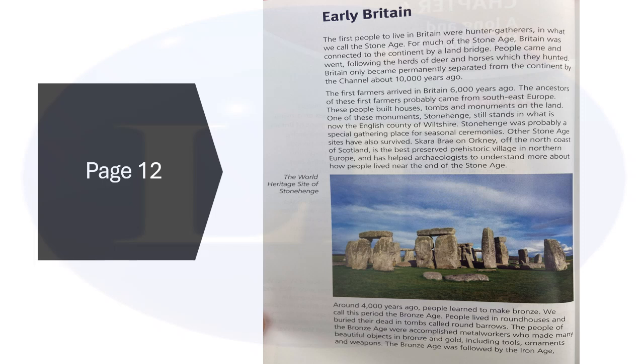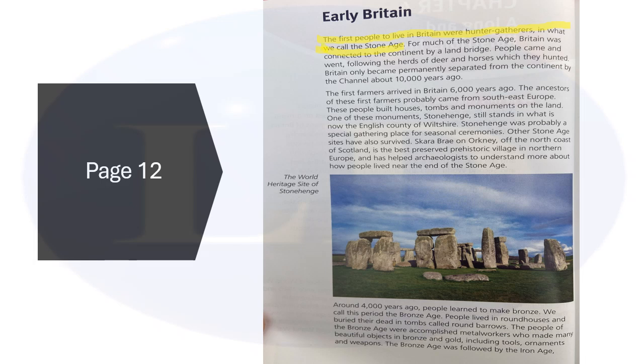Early Britain: the first people to live in Britain were hunter-gatherers in what we call the Stone Age. This is a very important line. Obviously, who came to Britain first, we never know, but this is the recorded history, which starts with people who were hunter-gatherers, the people who used to hunt for their survival.